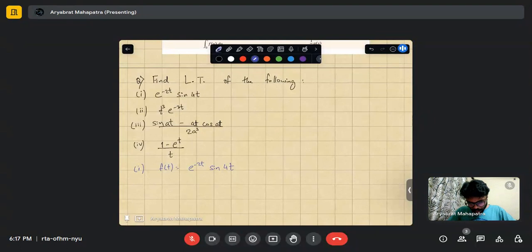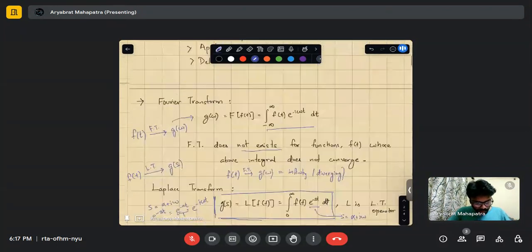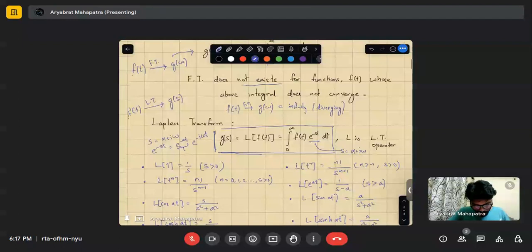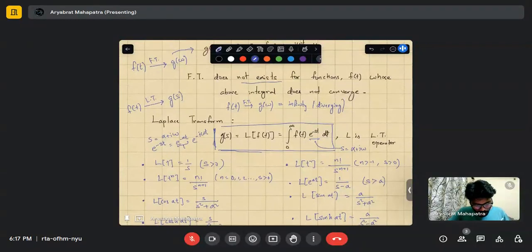So first of all, you can start from the very beginning, from your definition of the integral, which I was showing right here. This is your foremost definition of the Laplace transform, which all comes from here.